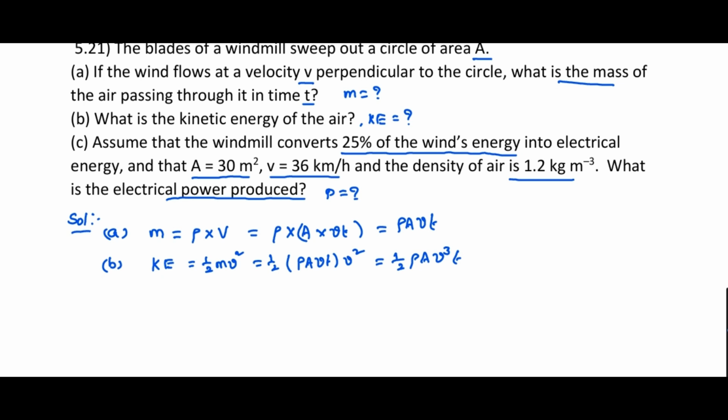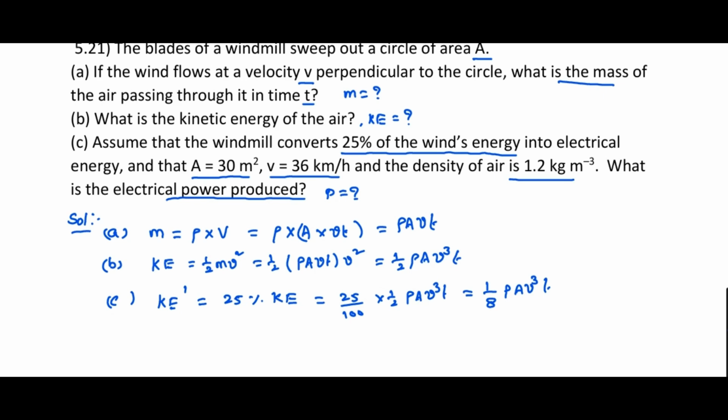So therefore what we can write here, 25% of the kinetic energy, I am writing here KE dash, that is equal to 25% of KE, that is 25 by 100 into half of rho A V cube T. From this, 25 by 100 is nothing but 1 by 4, that is 1 by 8 rho A V cube T. This amount of energy is converted into electrical energy.